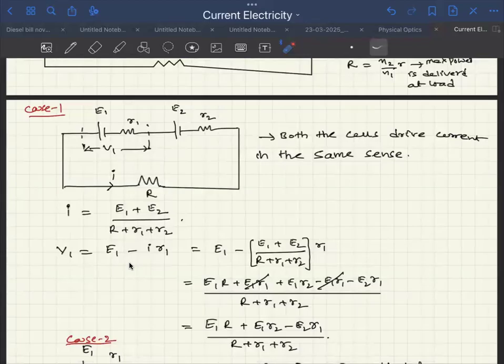Till now I have used ideal identical cells, all of EMF E and internal resistance r. Now I am using a different combination. I have two different cells, with EMFs E1, E2 and internal resistances small r1, small r2.